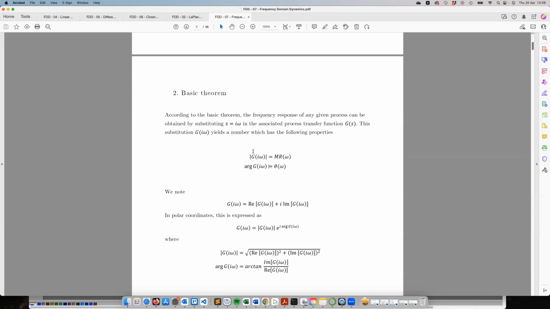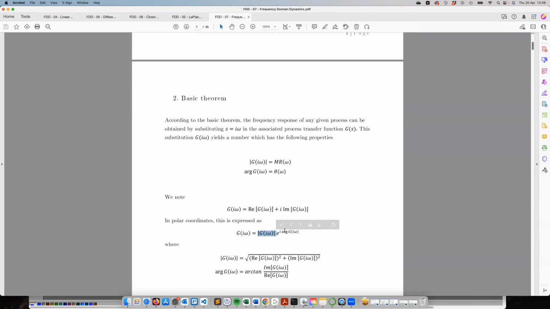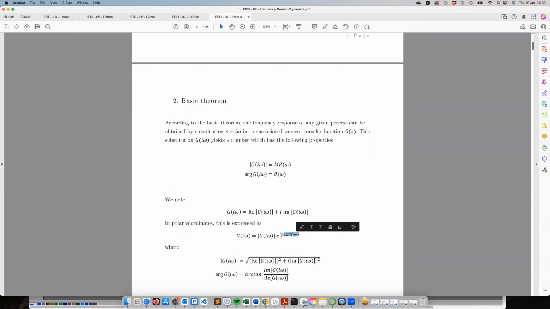And if you look at this left-hand side, this is nothing but the polar coordinates of g. Remember, g is generally a complex number, and so we can express any complex number in terms of the real part plus I times the imaginary part, or we can express it in polar coordinates using a magnitude and the argument, or the angle here.